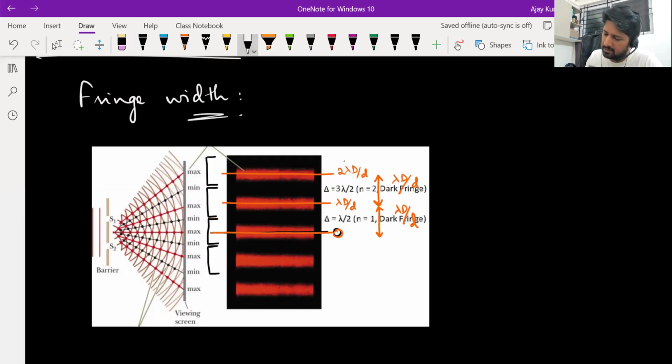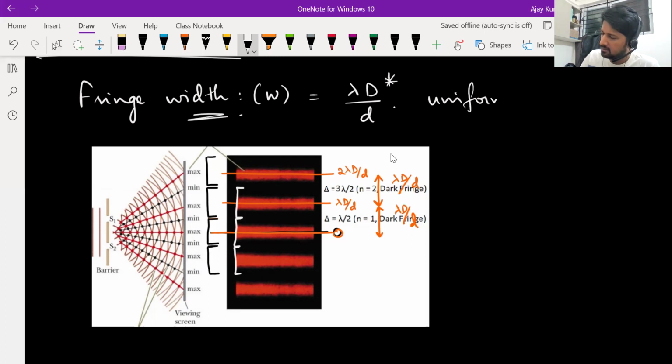The same will be the distance between successive dark bands, and that is what we call fringe width. Therefore, in YDSE, the fringe width W is equal to lambda capital D by small d, and all the fringes have the same width.